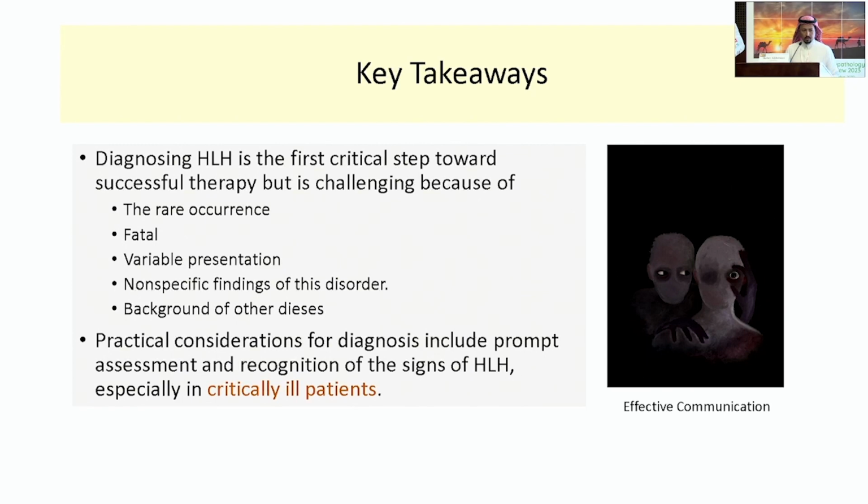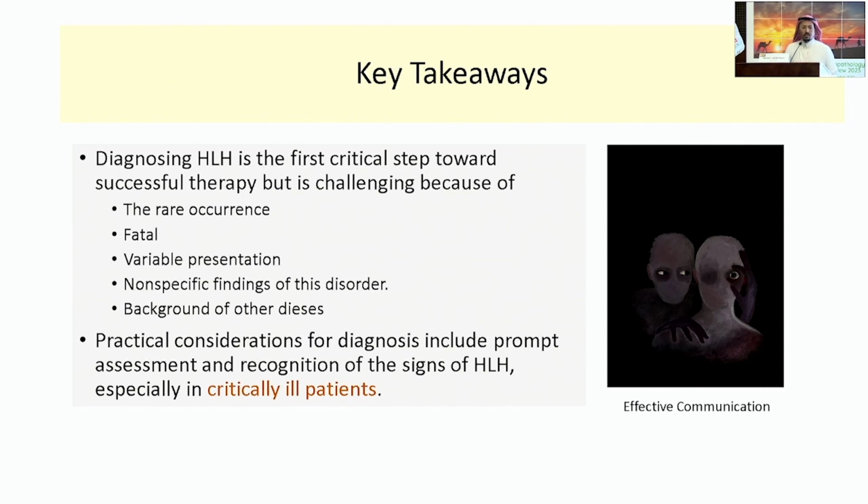Here I can summarize. A diagnosis of HLH is a critical step toward successful therapy, but it is a rare, fatal disease with variable presentation, non-specific findings, and a background of other disease.